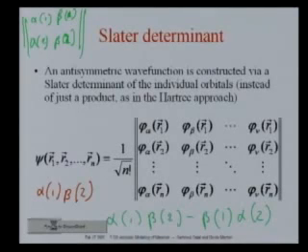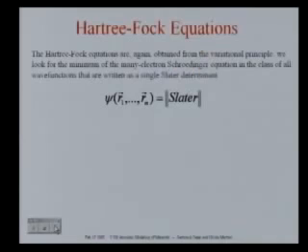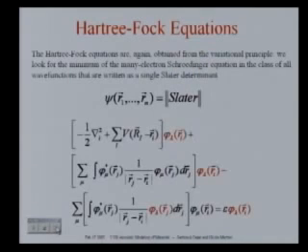But with this new ansatz, what we find is a new set of differential equations that look a lot like the Hartree equation that we had written before. I'll go back to this in a moment, but they have an additional term.